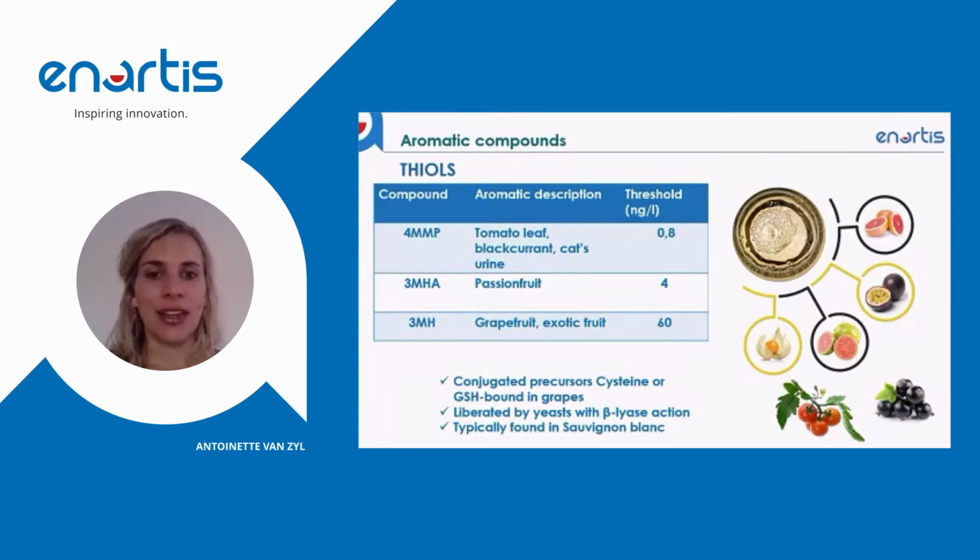And the aromatic description that derives from their content in the wine is tomato leaf, blackcurrant, cat's urine, passion fruit, grapefruit, exotic fruit, guava, etc. These conjugated precursors, which are first odourless, need to be liberated by yeast with a beta lyase action, and we will later get to which yeasts can help us do that.